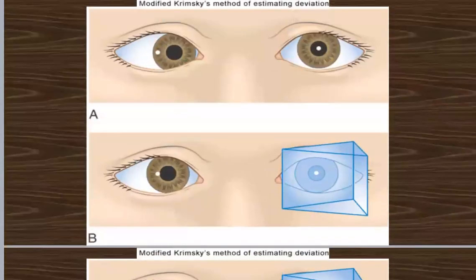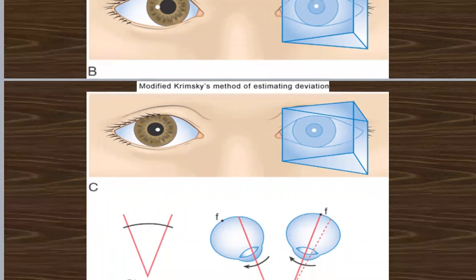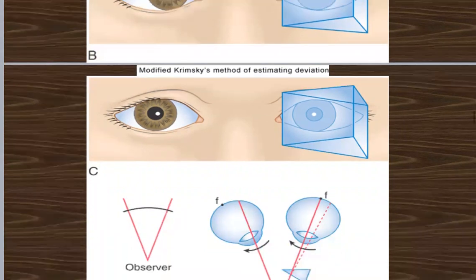Look at this one. Here I'm putting the prism in front of the normal eye. This normal eye, look at the other slide, will be deviated in, towards the apex of the prism. Here this left eye, which is normally deviating, will be neutralized. So you put the prism in front of the sound eye in order to make the reflex central in the deviating eye.